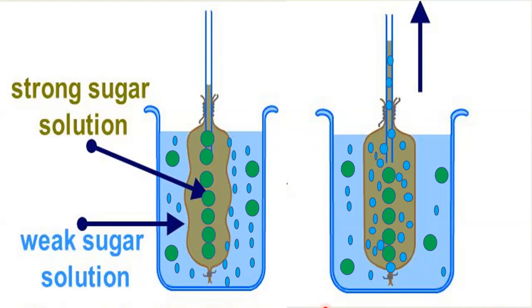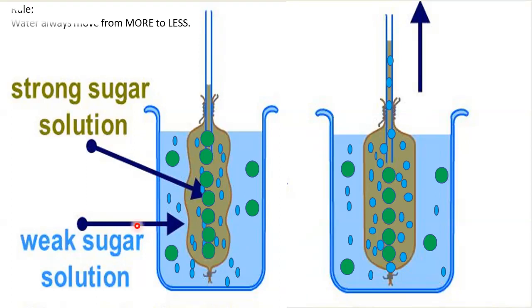The water will move inside. Why does the water move inside? Because we have the rule that water always moves from high concentration to low concentration. After the water moves inside the bag, the water level will increase.